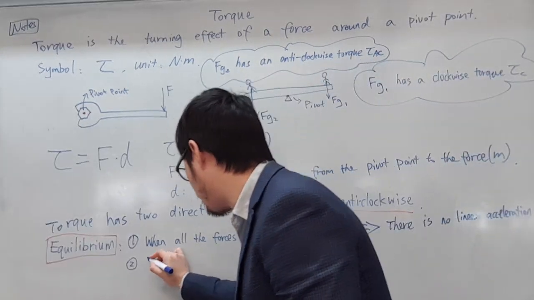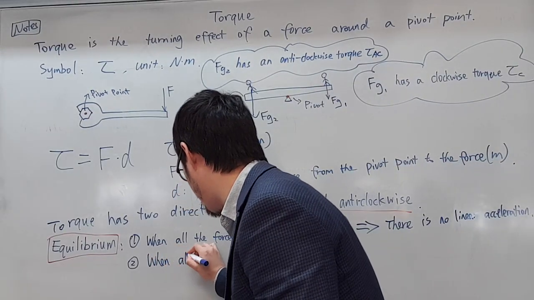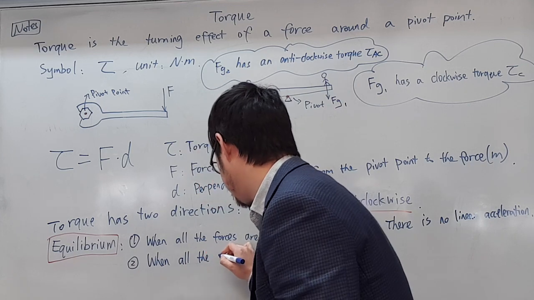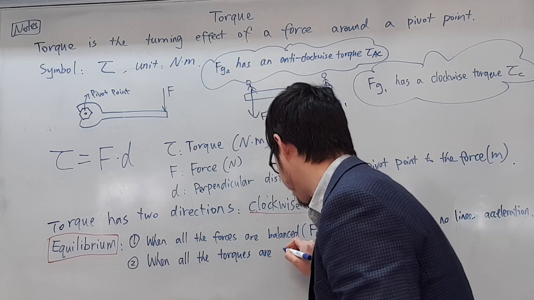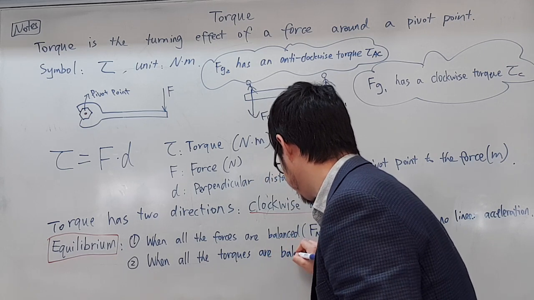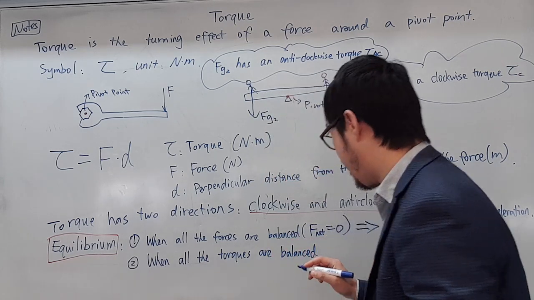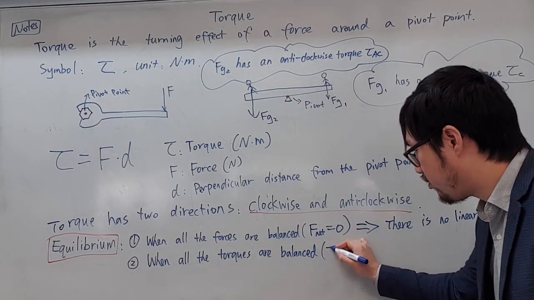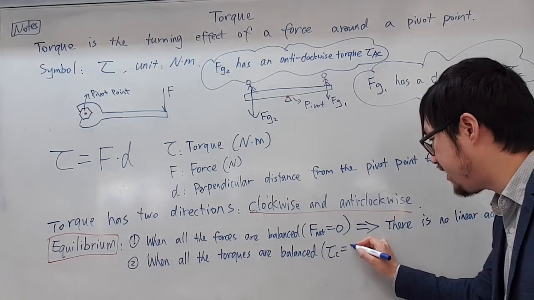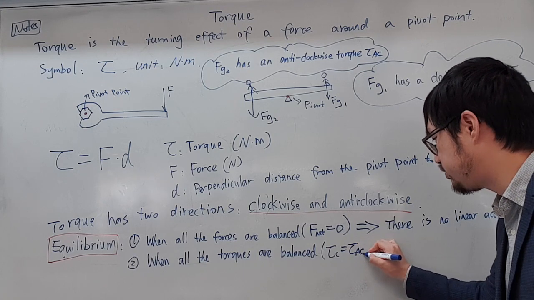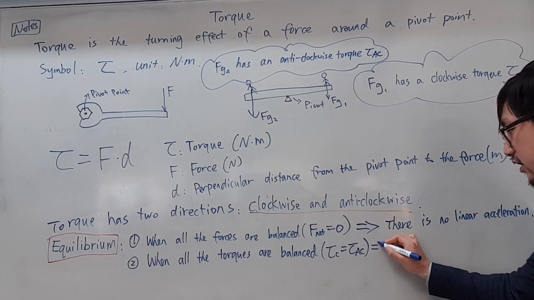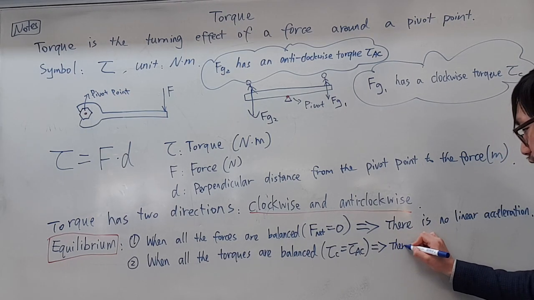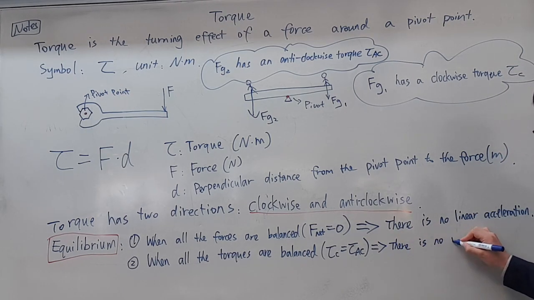Okay, so I say here when all the torques are balanced, another way of writing it is to say clockwise torque will equal anti-clockwise torque. And the result of that is there is no rotational acceleration.